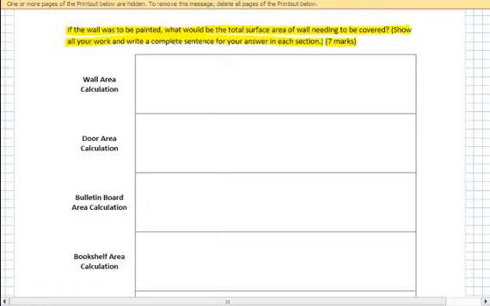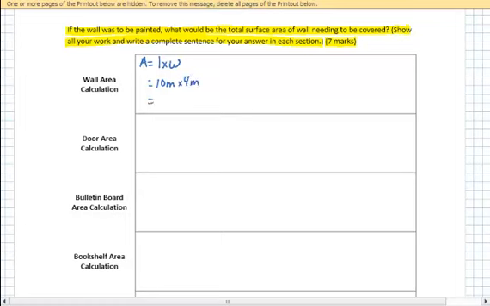So, how we do this, remember, is to calculate the wall area. The first thing I want you to write out is your formula, and you do that for every single one. Area equals length times width. So what's the length of the wall? I believe it was 10 meters. And the width is 4 meters.